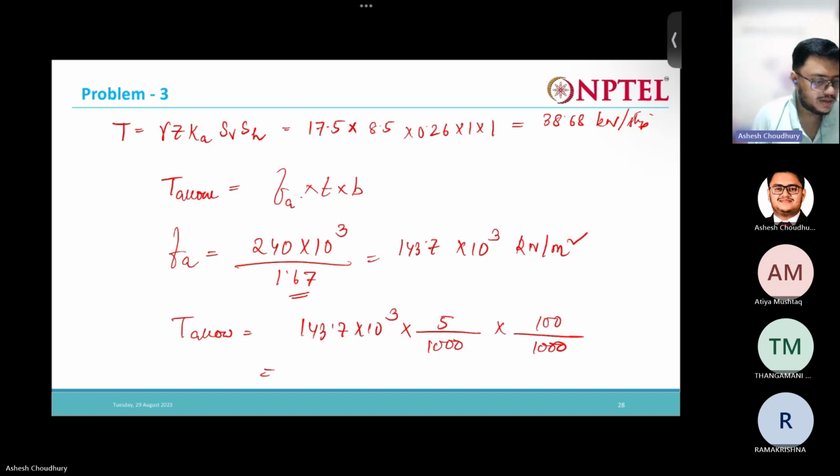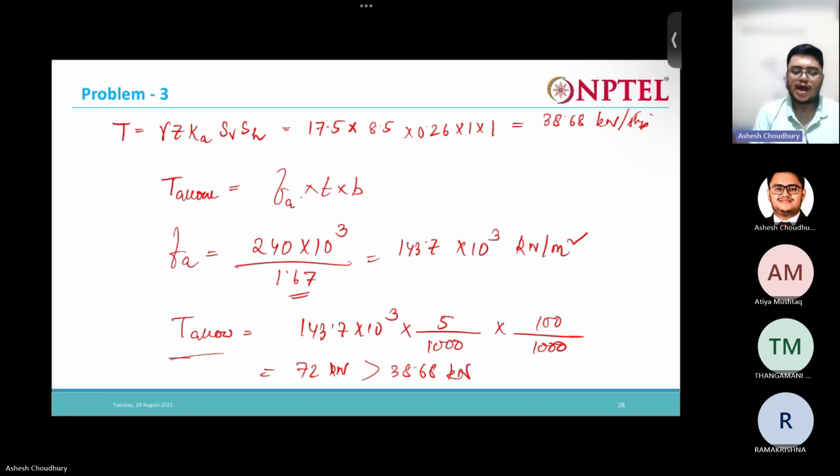So how much will it be? 143.7 into 10 to the power 3 into 5 by 1000 into 100 by 1000, approximately 72 kilonewton. Now this 72 kilonewton is greater than 38.68 kilonewton, right?